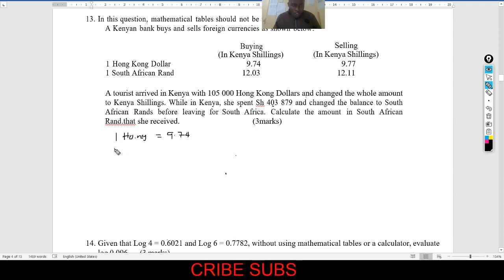What about 105,000 Hong Kong dollars? 105,000 will be equal to 105,000 times 9.74.